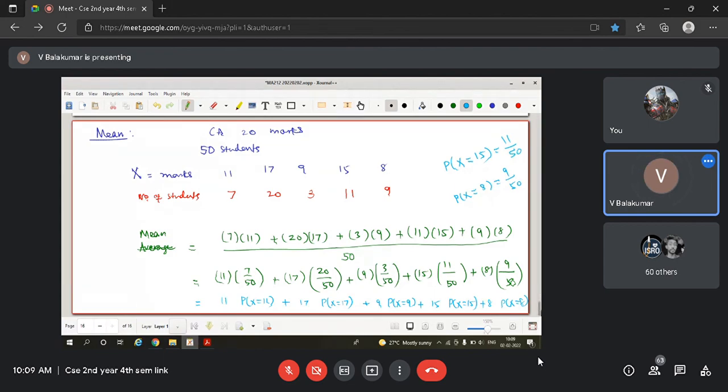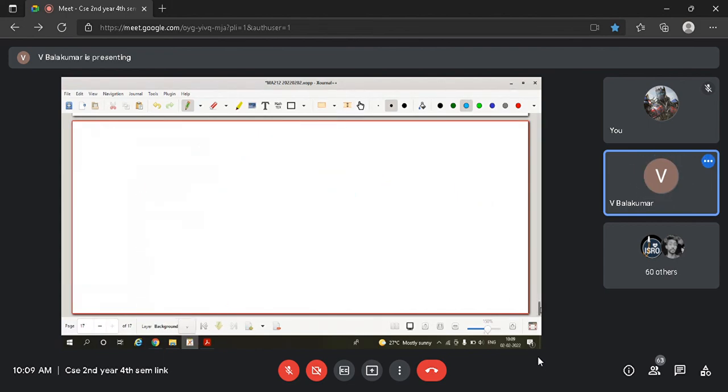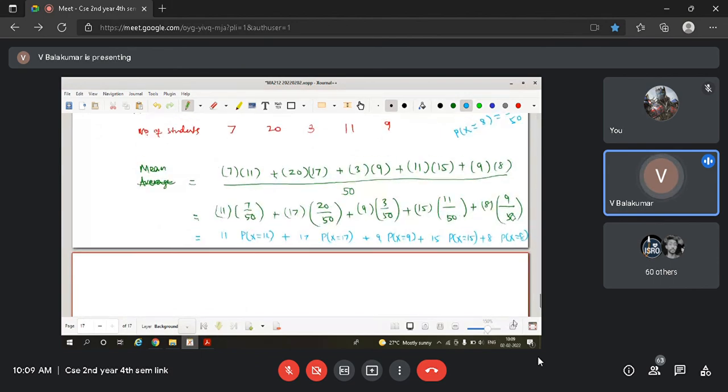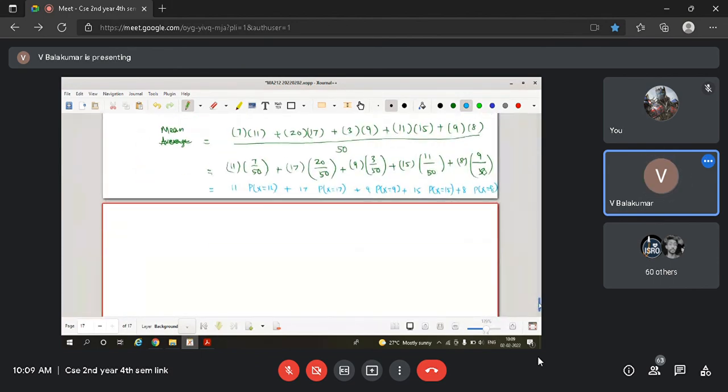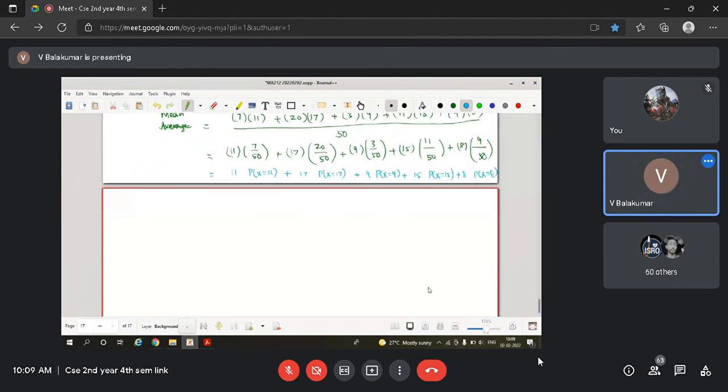Now I'll define the mean of a random variable, of course. This notation we shall use, E of X. What is the definition?